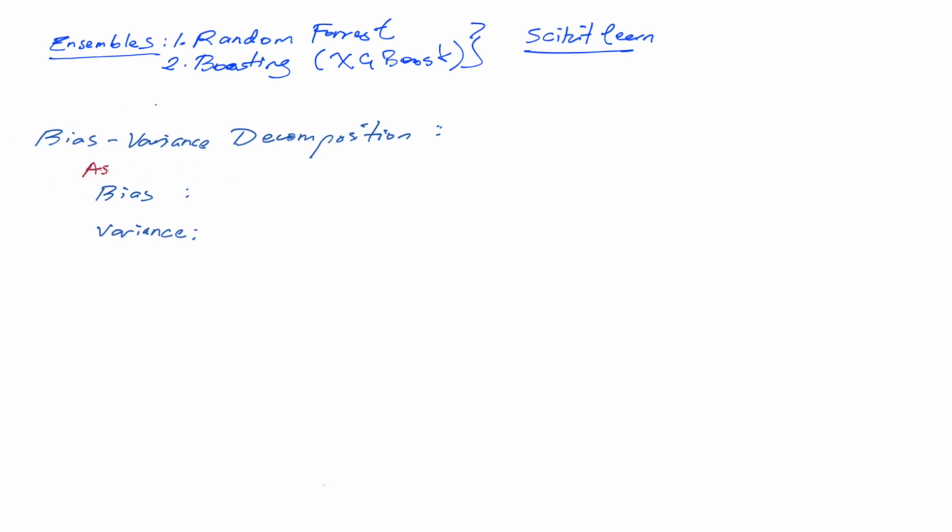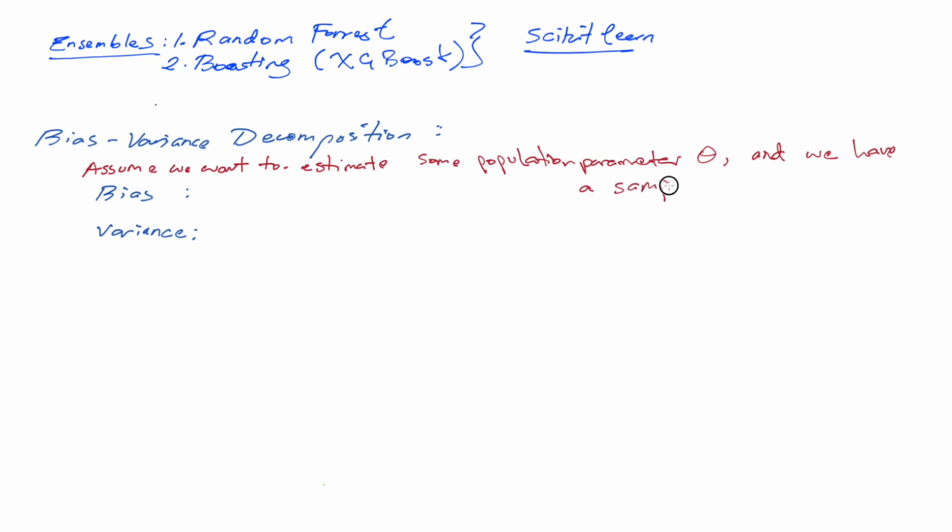Assume we want to estimate some population parameter theta, and we have a sample x1 to xn. So this is the standard machine learning task, right?